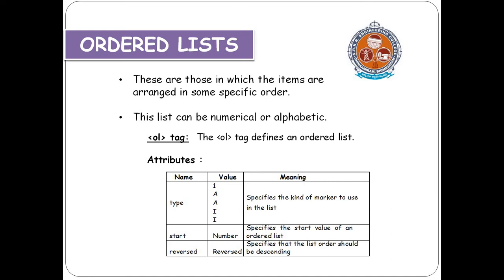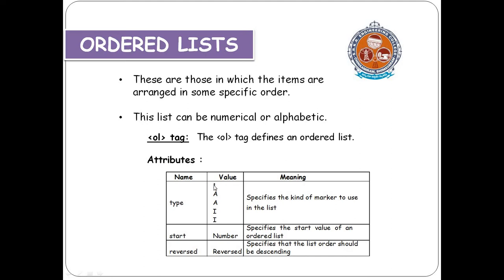So for that purpose, if you want to display any data on our web page in an ordered format, you have to use the ordered list. For that purpose, you have to use the tag OL, and in that you have to use the attribute type.